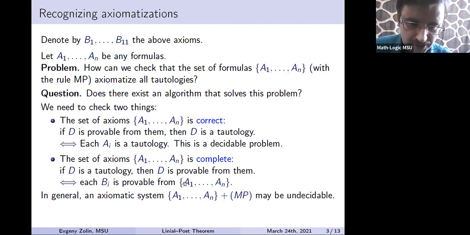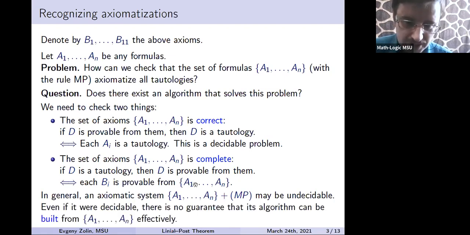And moreover, even if we had only decidable calculi, there is no guarantee that we have an algorithm that, given a finite set of formulas, builds an algorithm for checking that some formula is derivable from A1, ..., AN. So there are two difficulties in algorithmic checking of a completeness property.